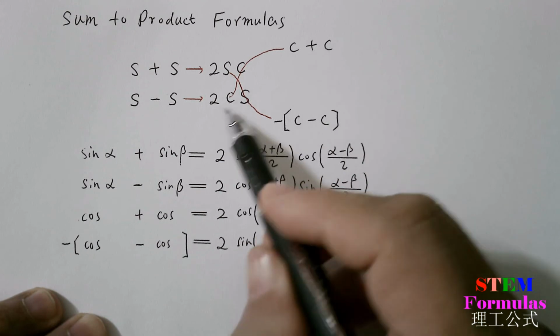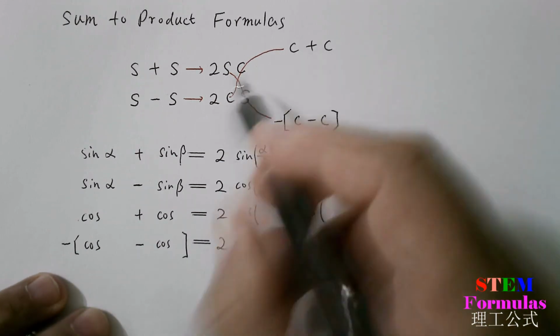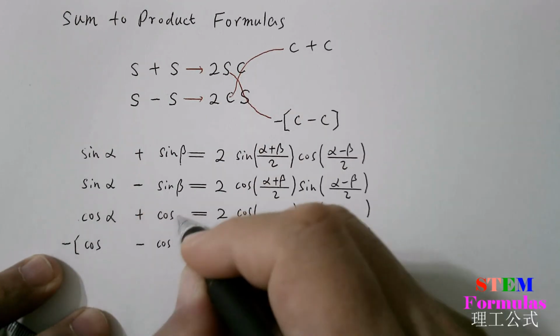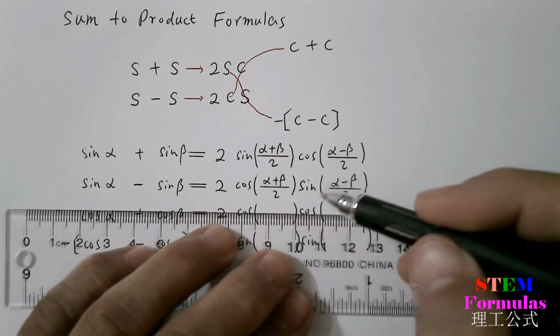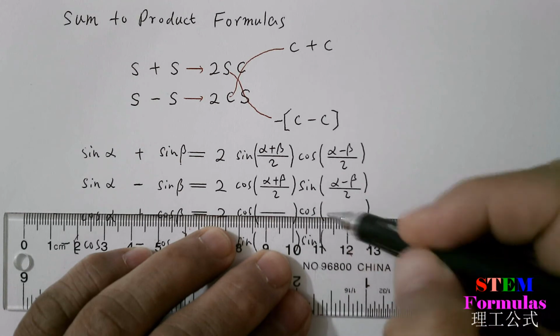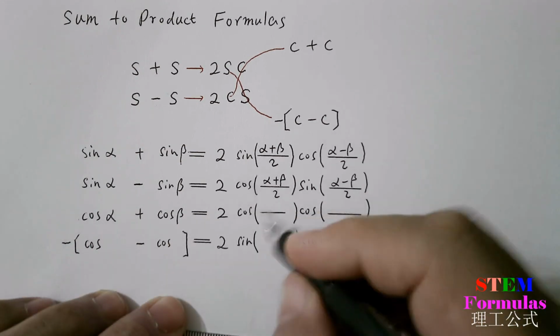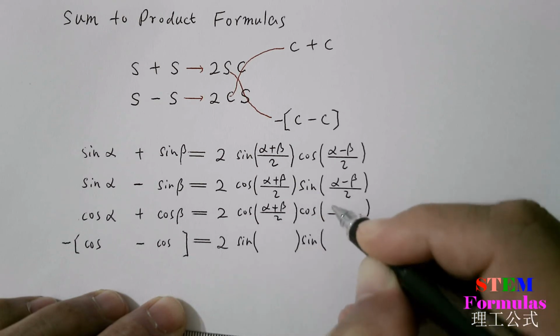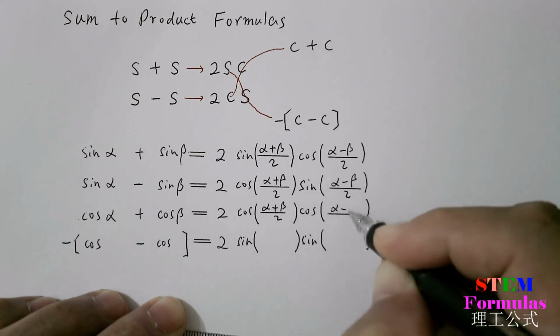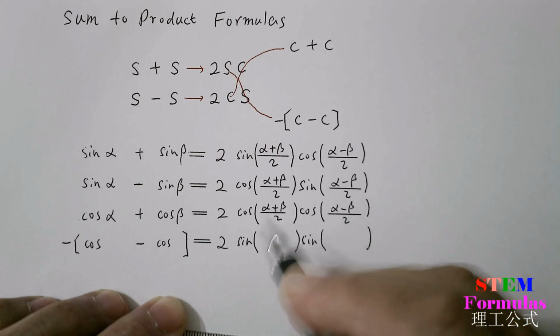And cosine plus cosine, 2 cosine cosine, alpha plus beta, alpha minus beta divided by 2.